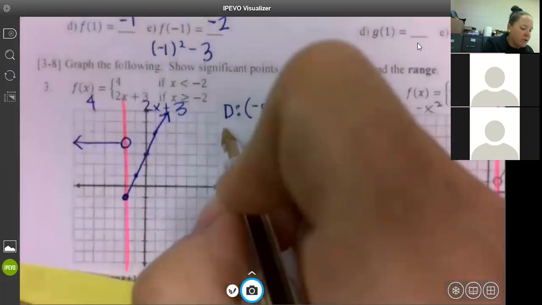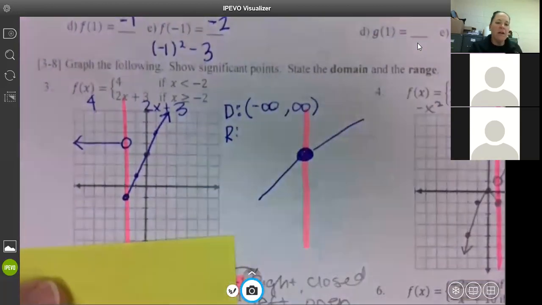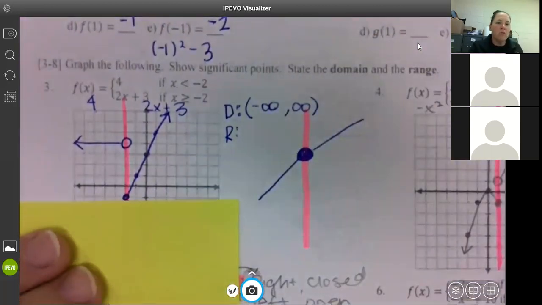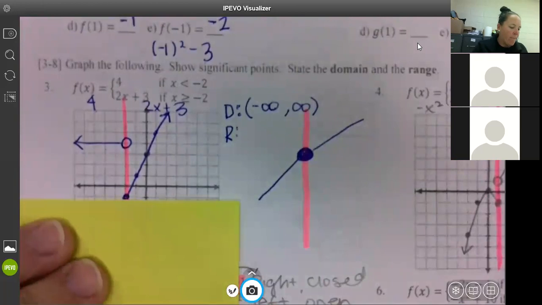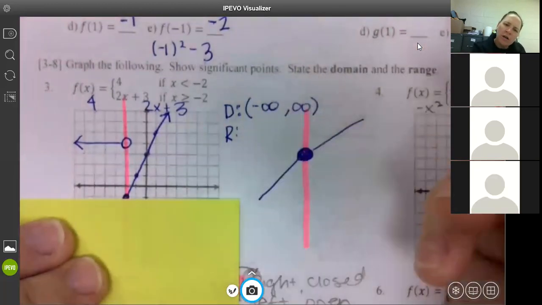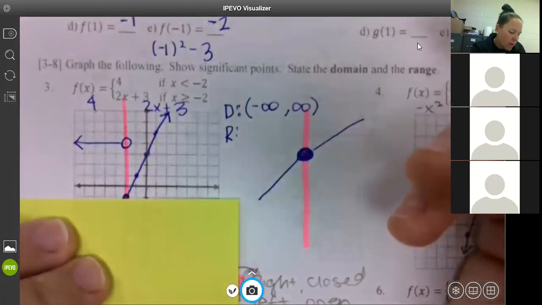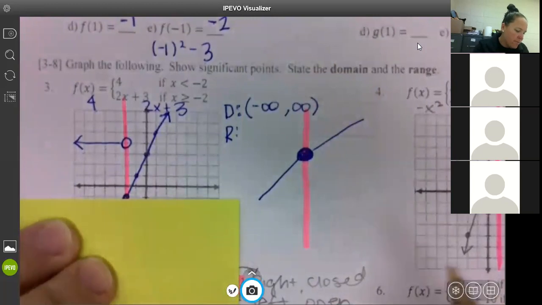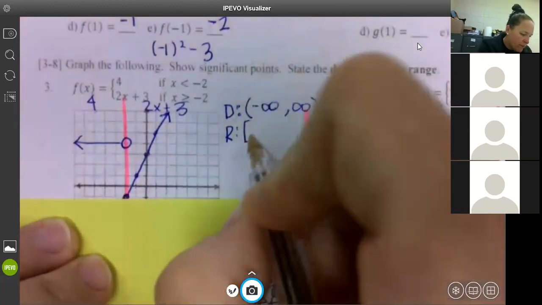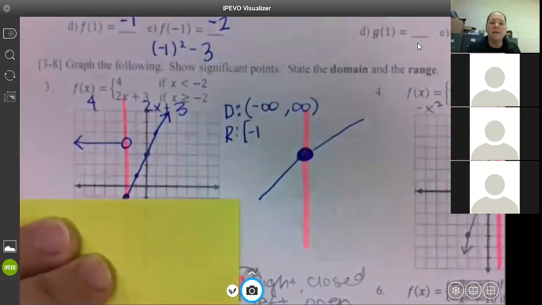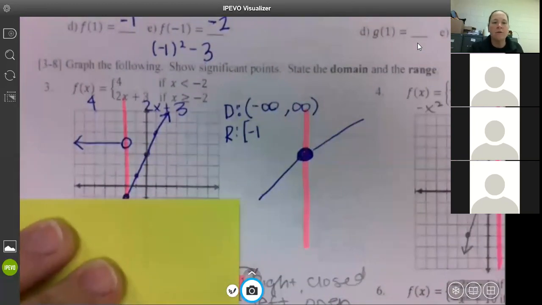Let's do our range. We're gonna go from the bottom to the top. What's the lowest point we hit? Negative 1. Open or closed? Closed. How do I show that? A bracket. If you don't use brackets versus parentheses correctly, you're going to get it wrong, so I don't want you to lose it just because of that.